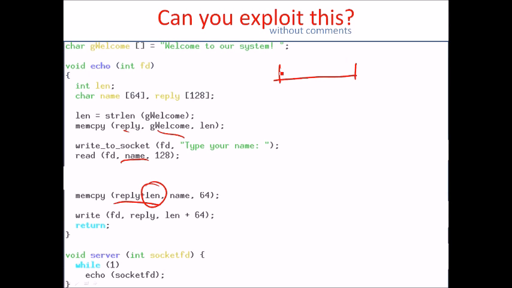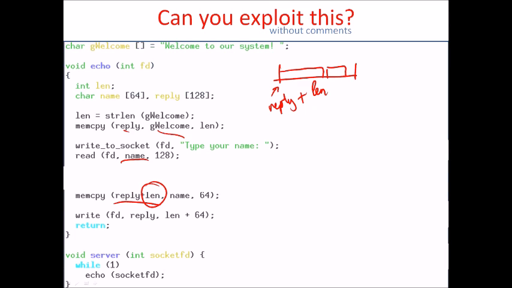We first wrote the welcome string, which is welcome to our system, which has a certain length. And then at the next part, we write the name. That's therefore reply plus length. Once we have done that, we have a complete answer, and that's what we're going to write to our client. Now the question is, can we exploit this program?